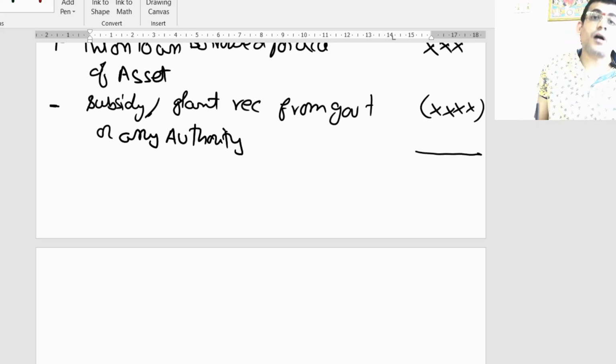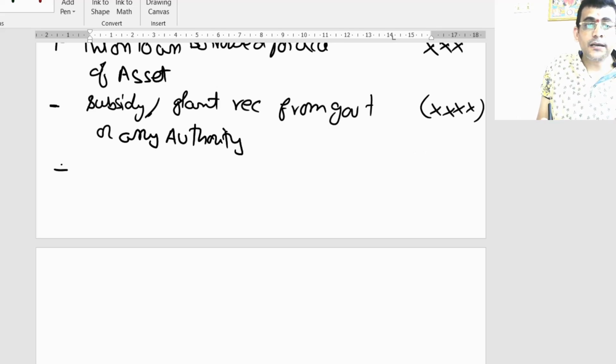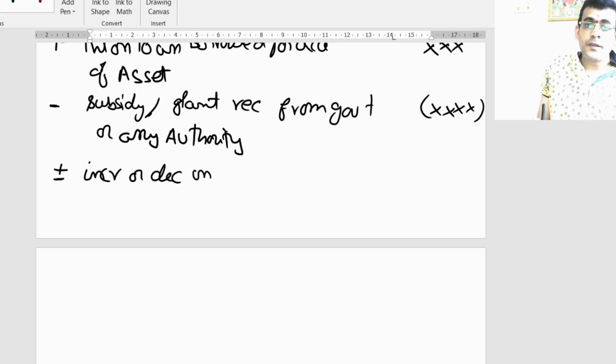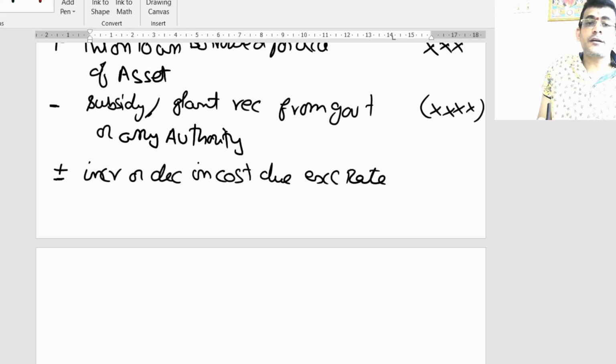Once you do that, there is one more important part. Along with this, there may be cases where I may add or reduce something called increase or decrease in cost due to exchange rate fluctuations.